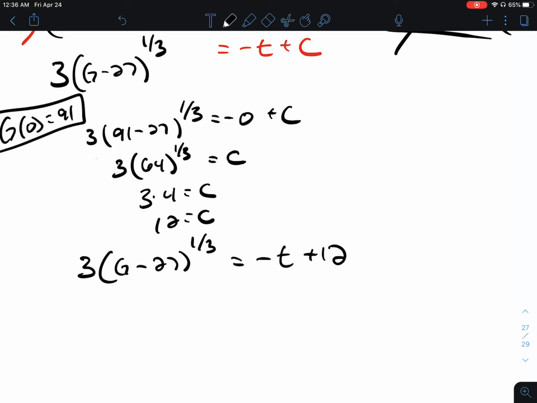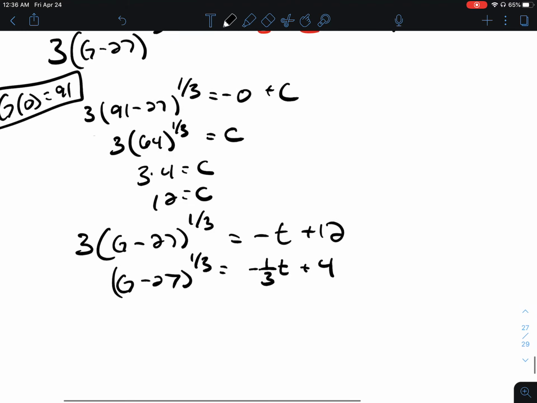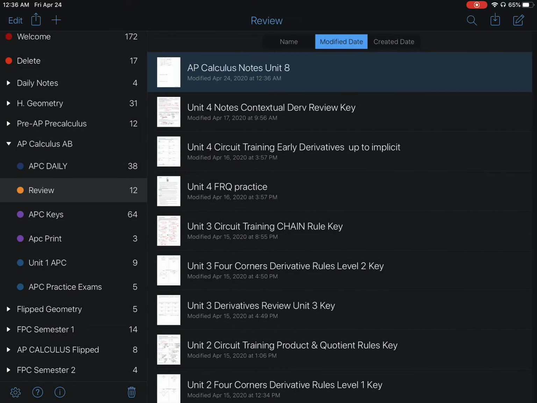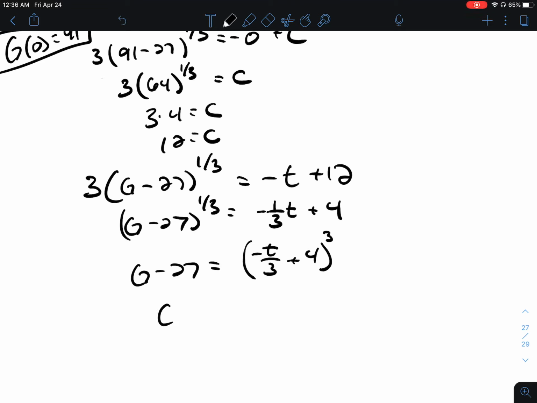If I were to divide both sides by 3, and then cube both sides, and then add 27 to both sides, I would get G equals negative t over 3 plus 4 cubed plus 27.